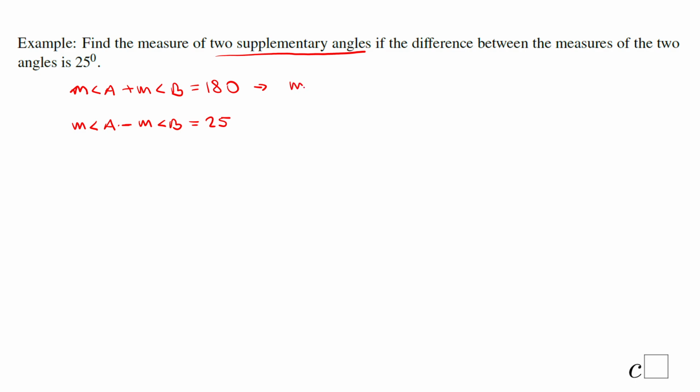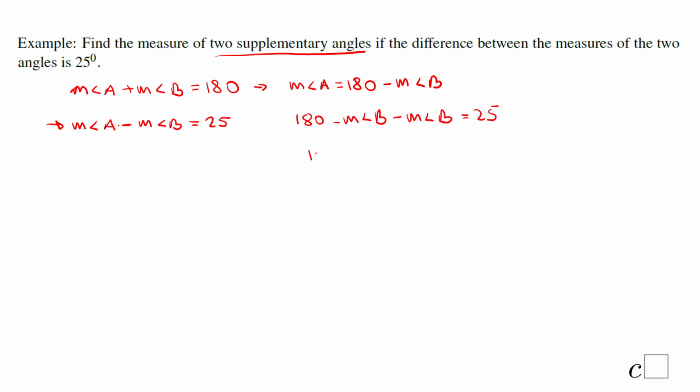So the measure of angle A equals 180 minus the measure of angle B. And now I'm going to take this expression and replace it in the second one right here. So I'm going to have 180 minus the measure of angle B, minus the measure of angle B, equals 25.